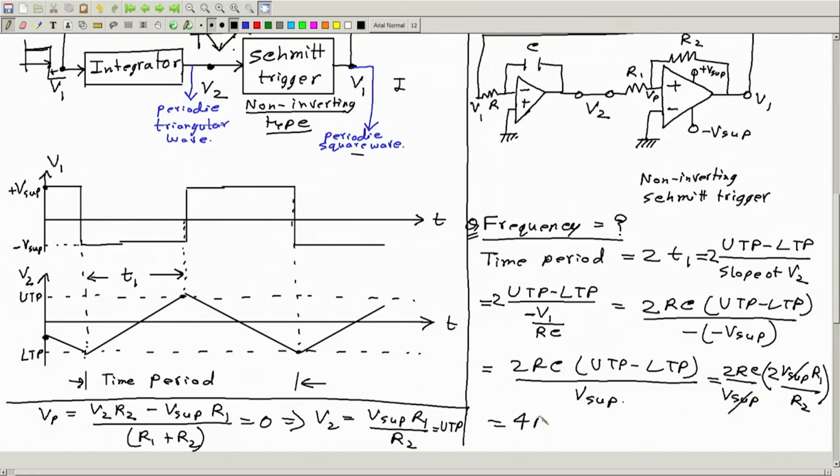So it is 4RC R1 by R2, done. So the frequency is how much? The frequency is 1 over this, so it will be R2 by 4RC R1. So we can find the frequency in this way.